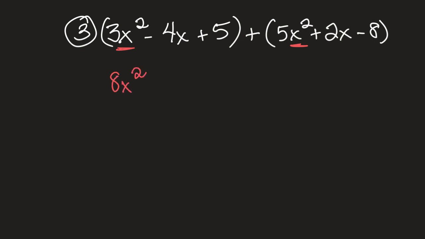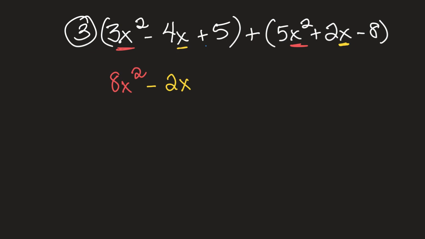Next, I'm going to look for my x's that are alike. For that one, I'm going to be combining a negative, because you take the sign in front, a negative 4 plus 2. So if I have a negative 4 and a 2, I'm going to end up with negative 2x.